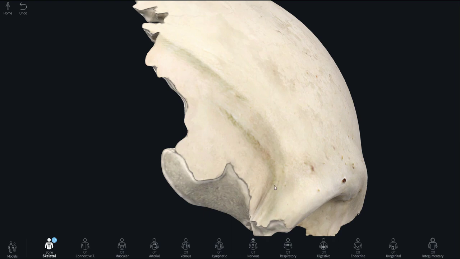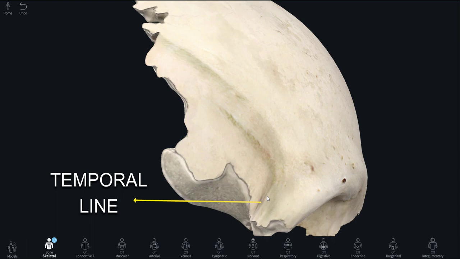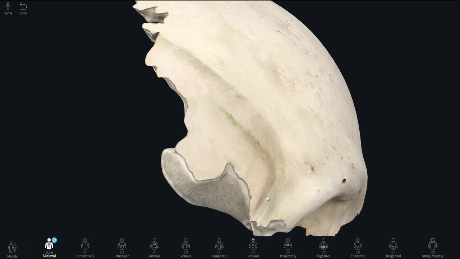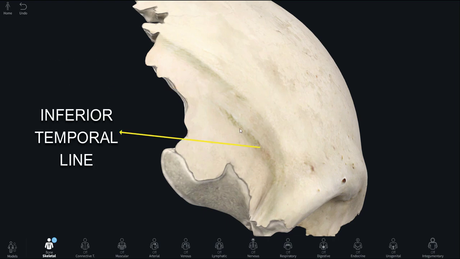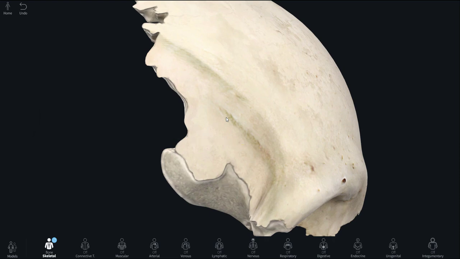This line is called the temporal line. The temporal line is splitting up into what we call the superior and inferior temporal lines. Now, we have already encountered the superior and inferior temporal lines when we were talking about the parietal bone.